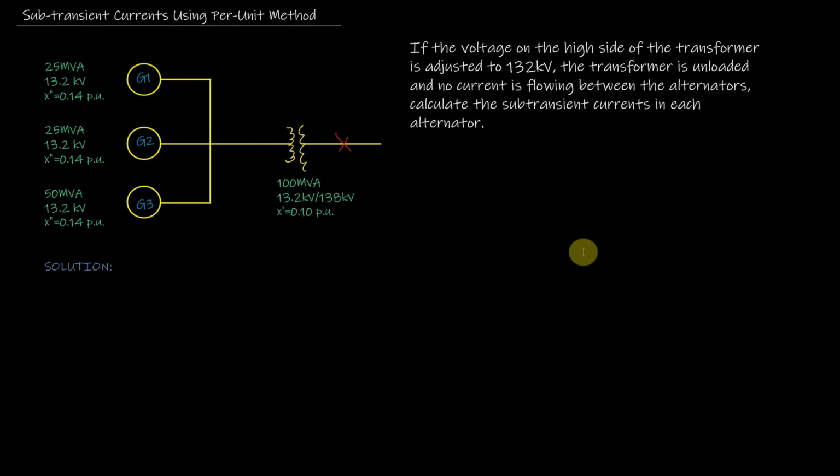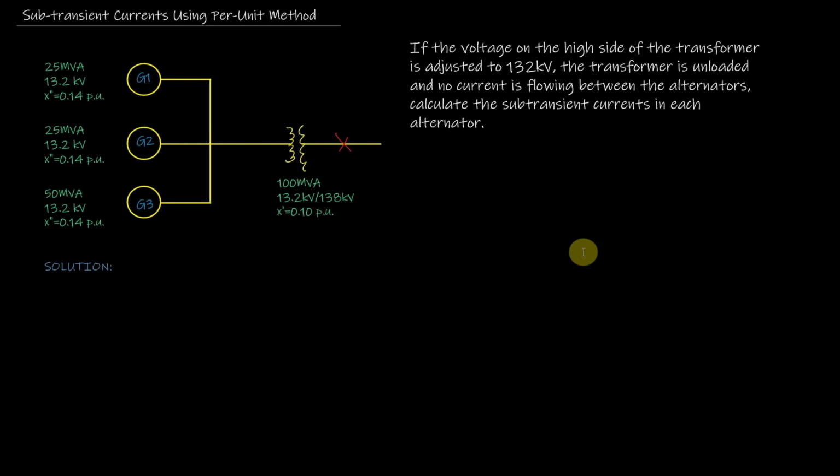So dito sa ating sample problem, sa diagram makikita natin meron tayong isang transformer na 100 MVA with a voltage of 13.2 kV to 138 kV and a transient reactance of 0.1 per unit. And then it is being fed by 3 generators connected in parallel to a common bus.